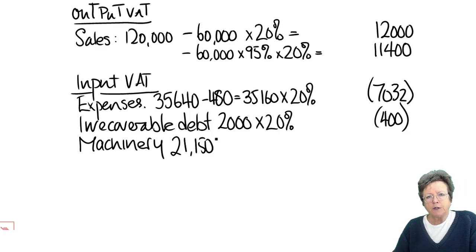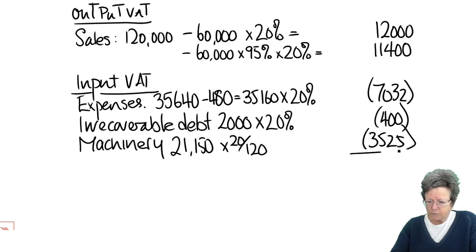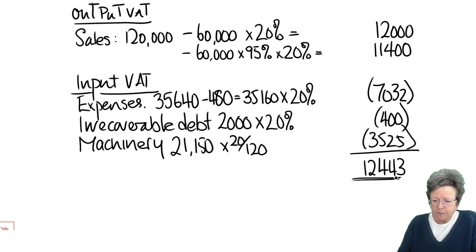Now do you remember the question said that it was inclusive of that? In order to work that out, that is the fraction that we need to use. If we deduct the input VAT from the output VAT, we end up with £12,443 VAT payable.